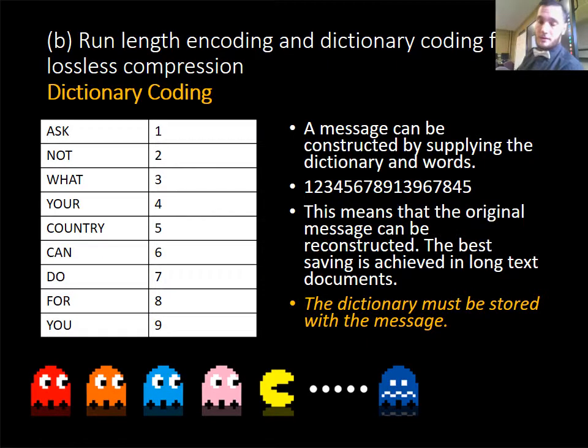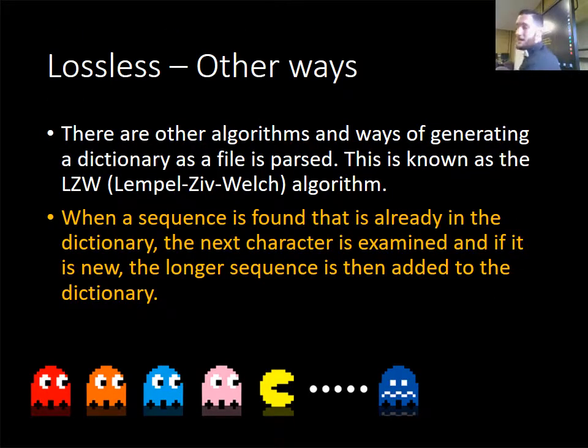All right. There are other ways which I will expect you to research in a moment, but there is the LZW algorithm that is used for generating the dictionary as it goes along. As it compresses, it makes the dictionary. When a sequence is found that is already in the dictionary, the next character is examined, and if it is new, it is added to the dictionary.